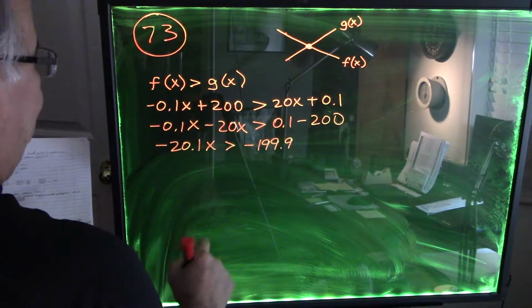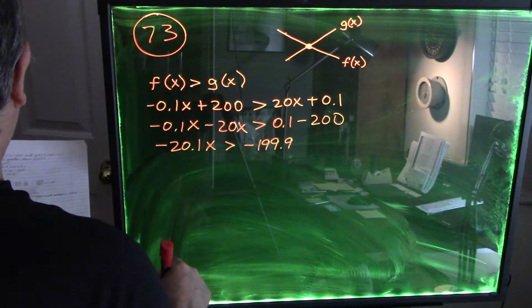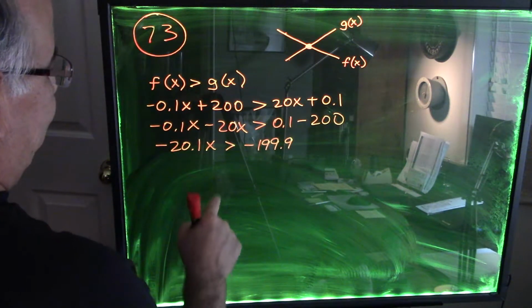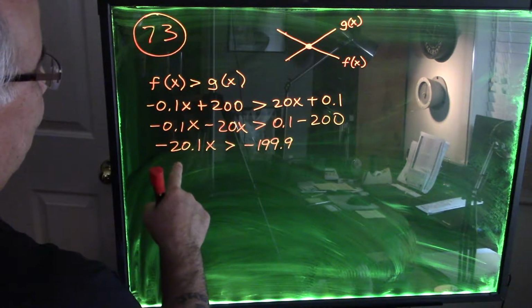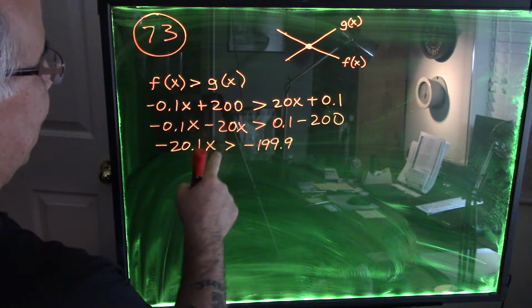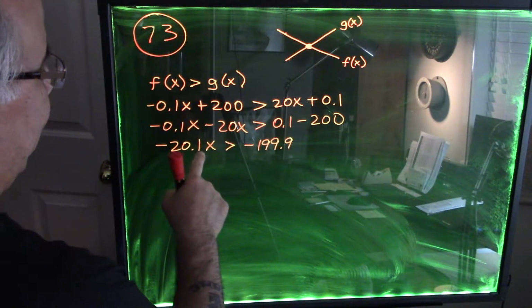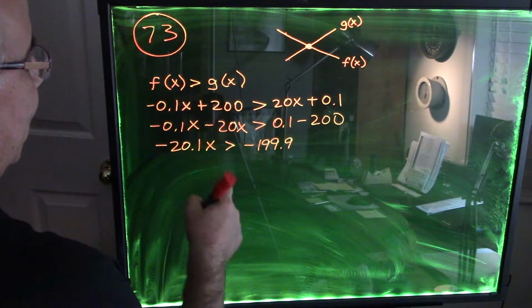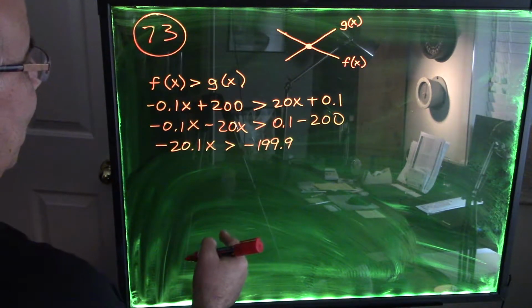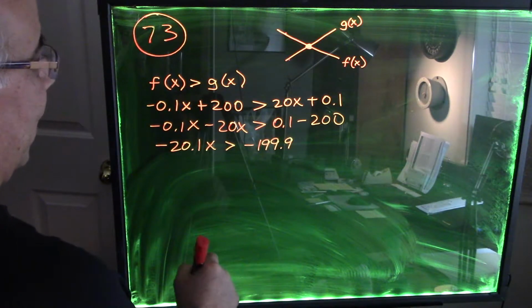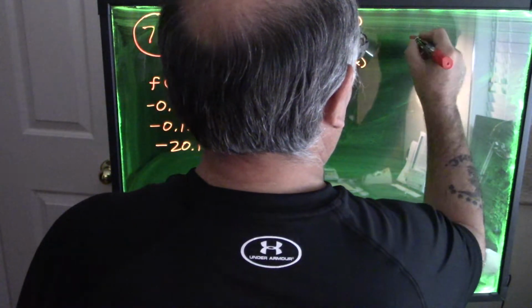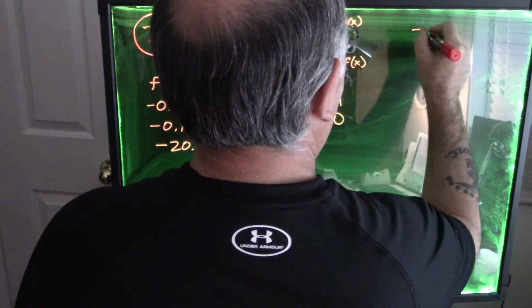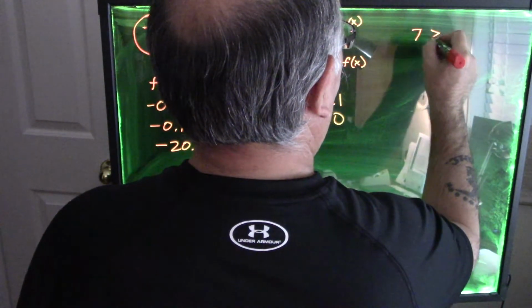Now what I do is divide both sides by negative 20.1. Remember to change the direction of the inequality. Whenever you multiply or divide both sides of an inequality by a negative number, you have to change the direction of the inequality. For example, suppose I write 7 is greater than 4.